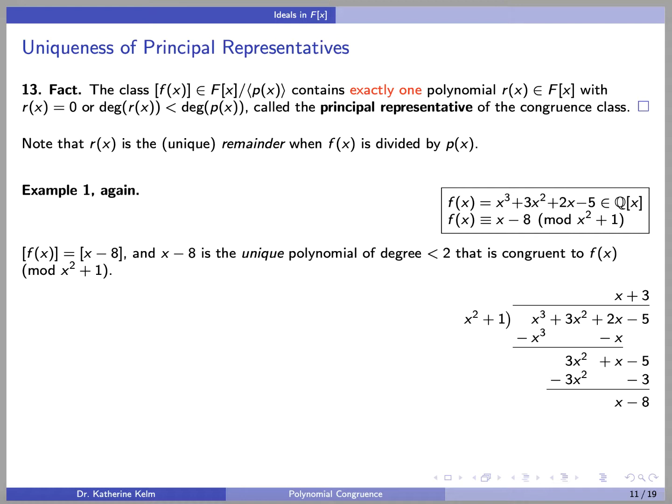And sure enough, x minus 8 is of degree less than 2 and is congruent to f of x. And we can get it by performing polynomial division. Divide f of x by p of x and get quotient and remainder. And here's our remainder, x minus 8.